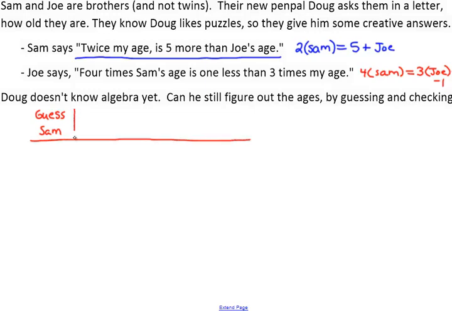So when I guess Sam, then I'm going to be able to use my formula to find Joe's age. If I subtract 5 from both sides, that's basically 2 times Sam's age minus 5 equals Joe.